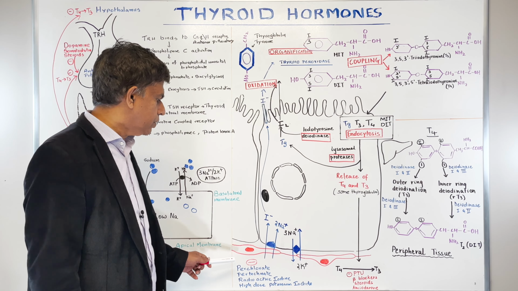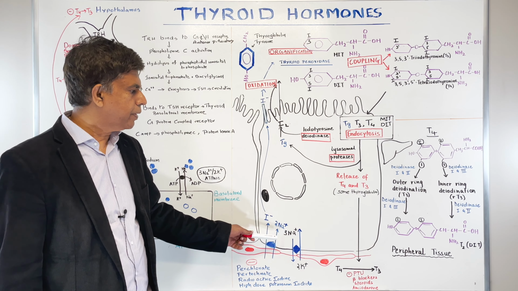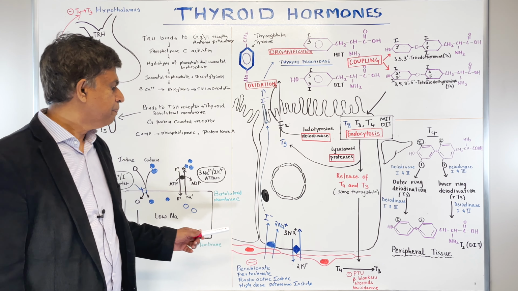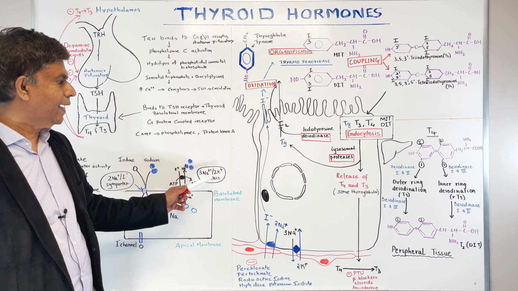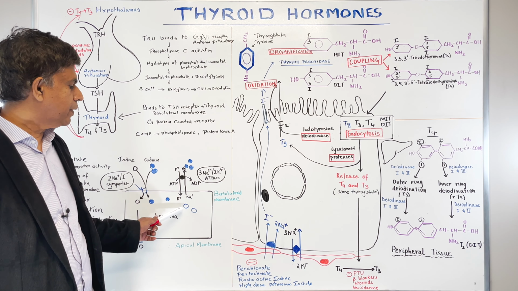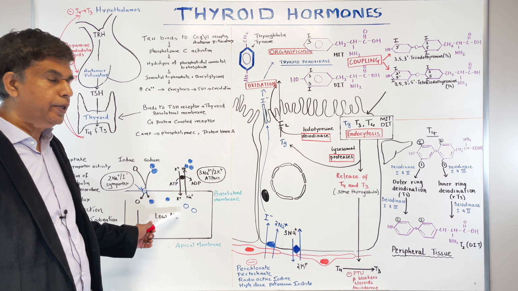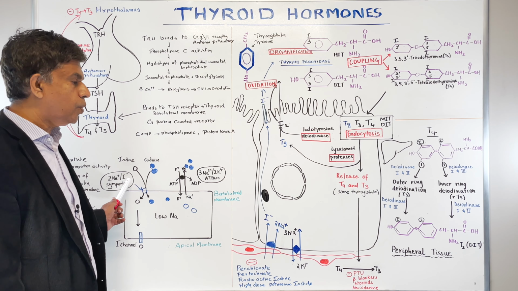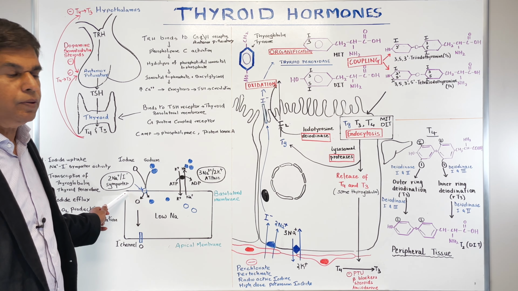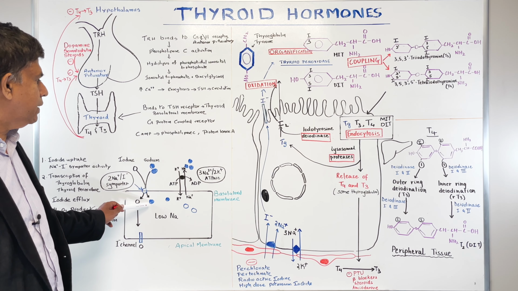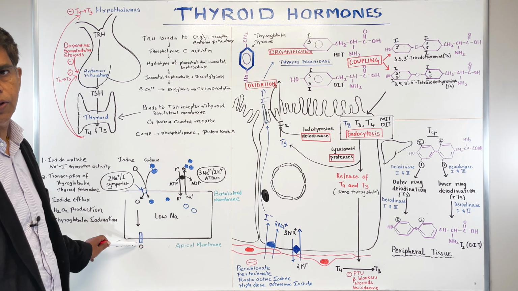Now let's switch the focus, go back to the thyroid follicular cell and see what happens. Let's look at the basolateral membrane of the follicular cell, okay? They have this 3-sodium 2-potassium ATPase pump, which creates a low sodium gradient. When you create the low sodium gradient, that activates the sodium iodide importer. Sodium comes in, and with the sodium, iodine also comes in.